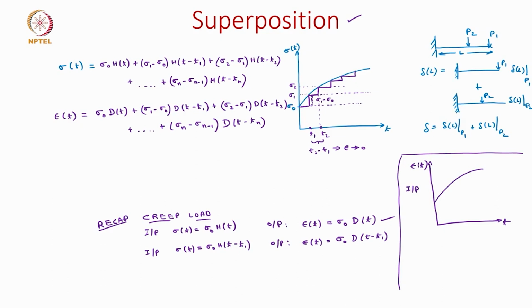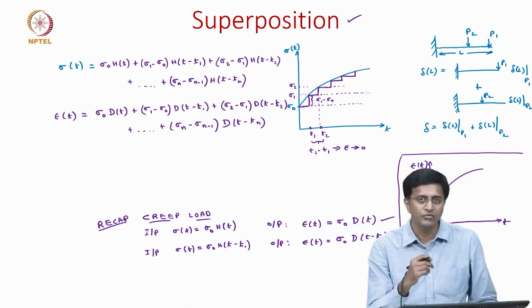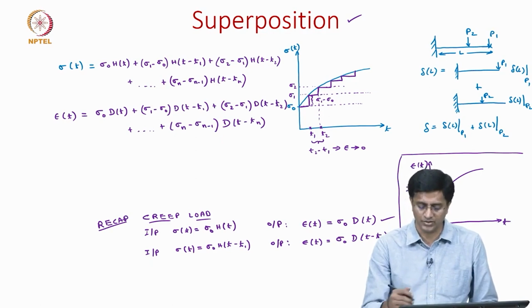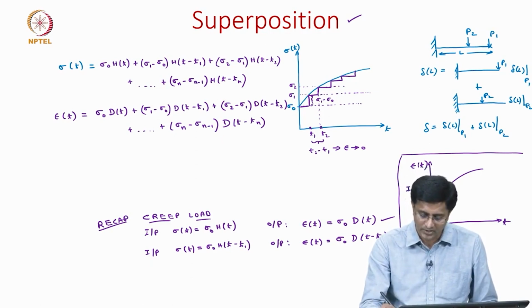We identify this problem as, again we will use this superposition and we will invoke writing this input as a series of step functions, but now we will identify that we will be using the relaxation modulus or the relaxation loads. So, meaning that this epsilon of t, which is the input, is written in terms of epsilon naught times H of t, which is a relaxation load, plus the other terms.